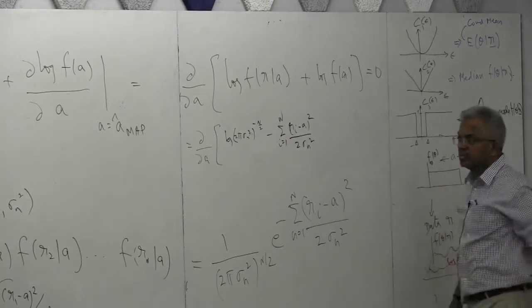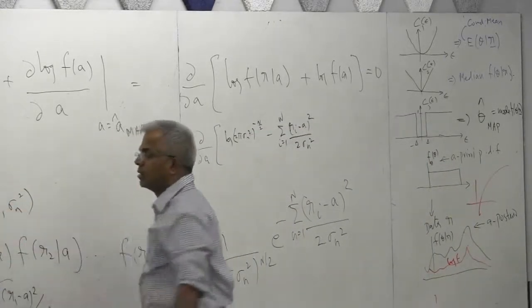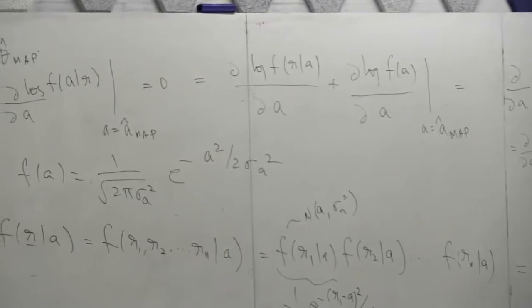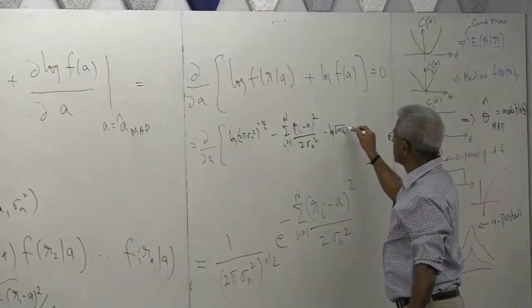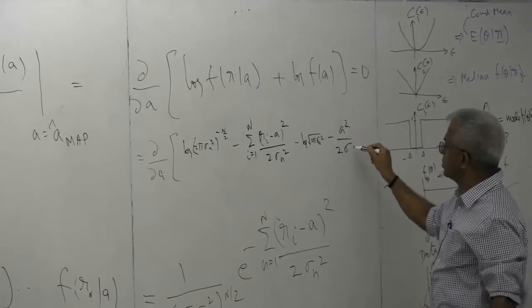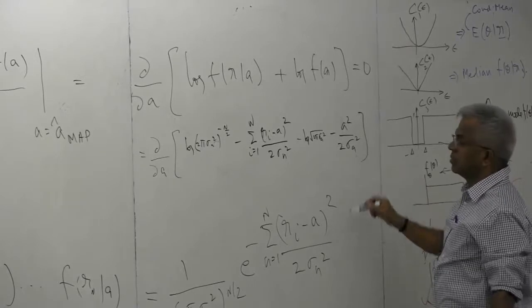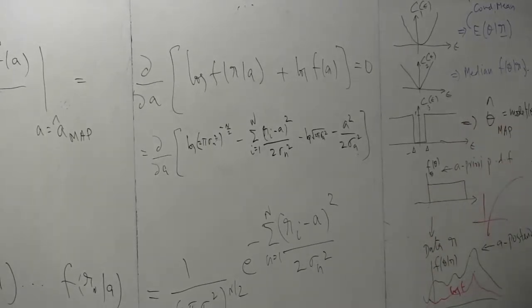So we took care of this. Then we take the logarithm of this. So again a constant, minus log of square root of 2 pi sigma A squared, minus A squared over 2 sigma A squared.